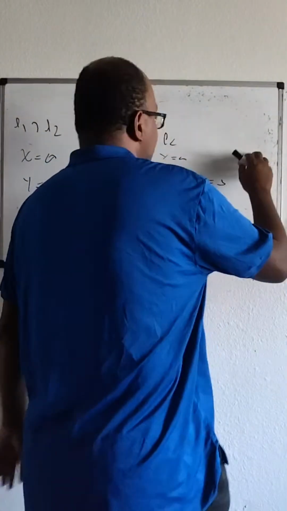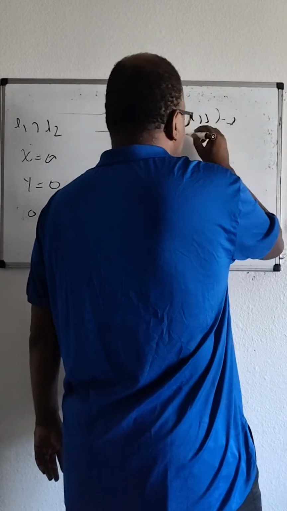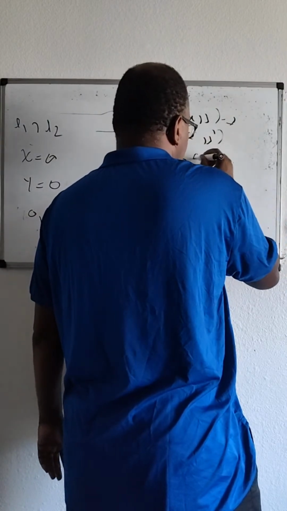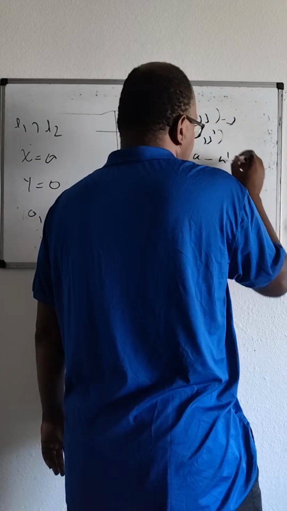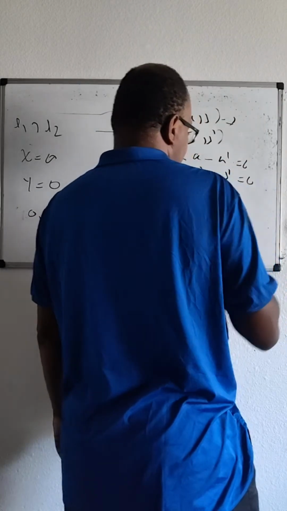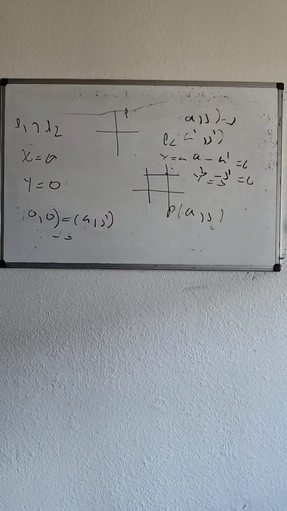So we can conclude AB implies A prime, B prime. So guess what? A minus A prime equals 0. B minus B prime equals 0. That's what it's telling us.